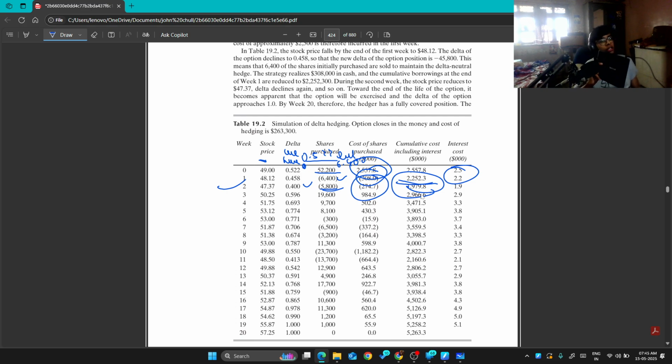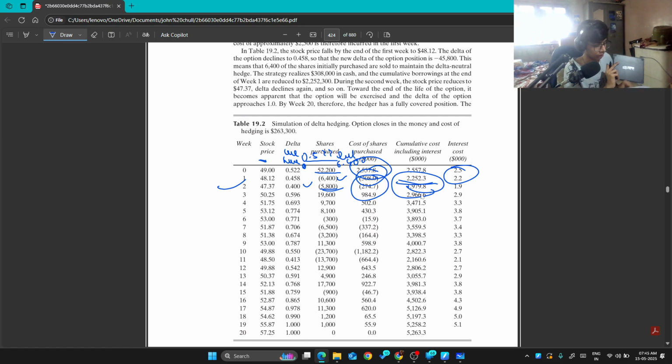In simple way, you have to understand the relationship of delta: if delta is positive, you sell it, you have positive cash flow, and if delta is negative, you buy it, you have a negative cash flow. That's how you remember it, and it is better than stop loss strategy. You can see that at the end of 20 weeks, our delta is 0, and we have hedged our position.